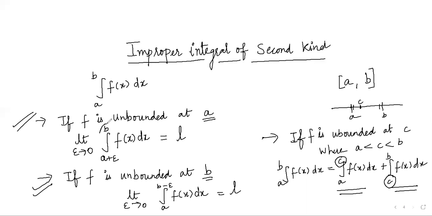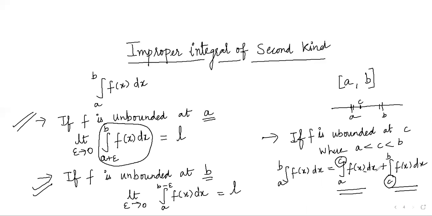We will be evaluating this integral. We will be considering this limit, and if we get the limit as some finite number, if both of these limits exist and are finite, in this case this improper integral will exist.